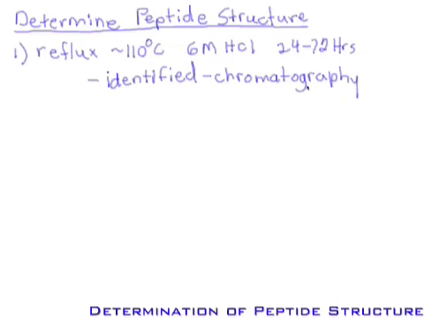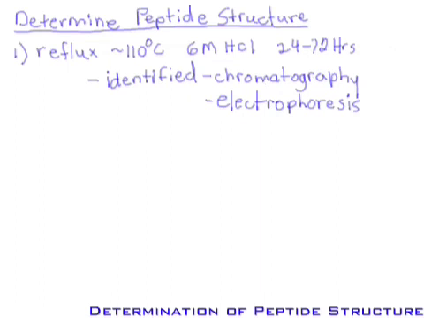You can also use a process referred to as electrophoresis. And electrophoresis takes advantage of the differing charge in differing amino acids at different pHs, allowing you to separate charged molecules from neutral molecules.